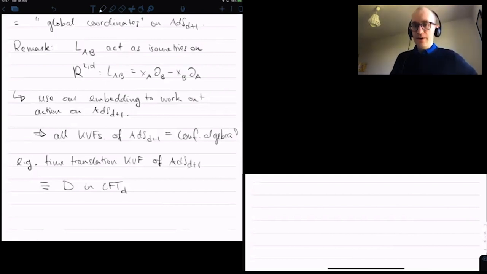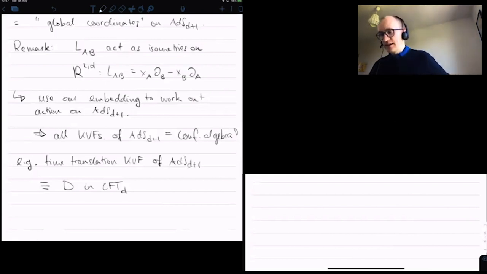Okay, so good. That was just a little bit of a preview of algebraic aspects. But I would like to continue with the geometry. So now I would like to look at the conformal compactification of AdS_{d+1}. Okay, so this is a new heading.